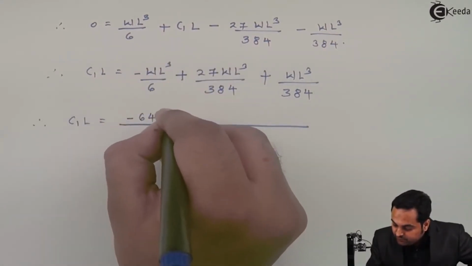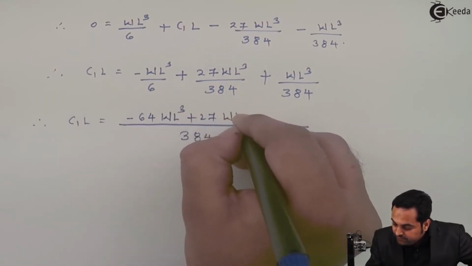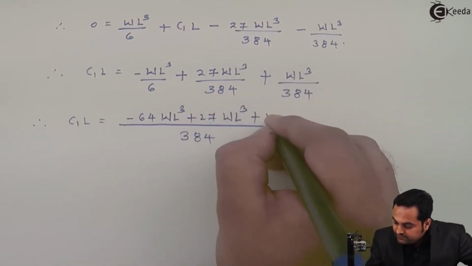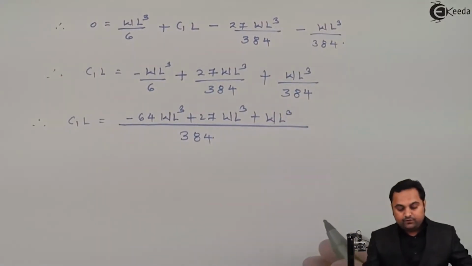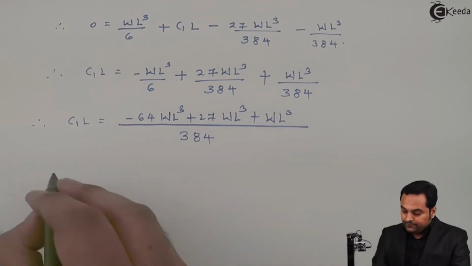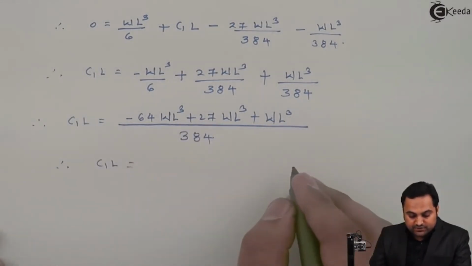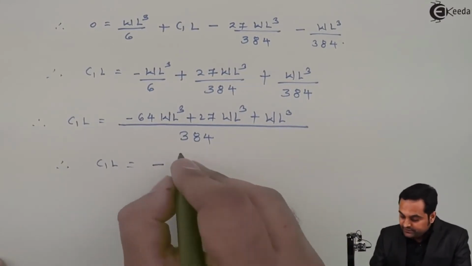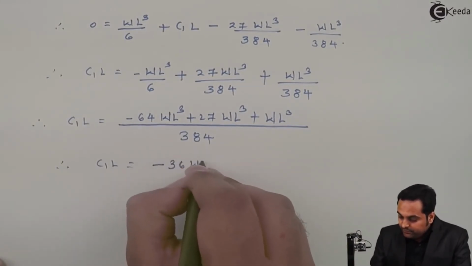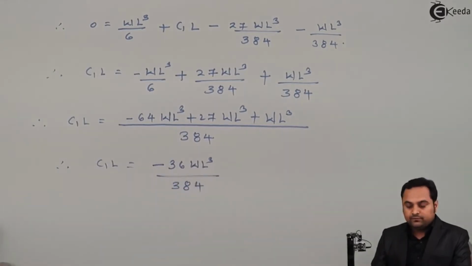So minus 64 WL cube plus 27 WL cube plus WL cube. So finally, if I am simplifying this, I'll get C1 into L as minus 36 WL cube upon 384.